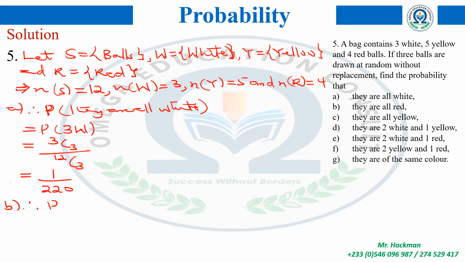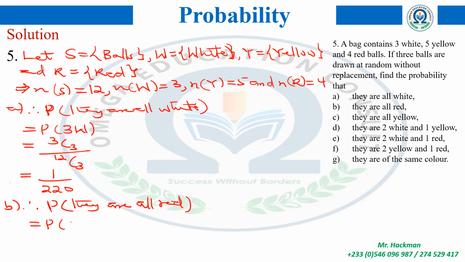Where I need to come in, the one that I know you can solve without my help. I will call you. Okay, Regina, let's go. We are doing B. Therefore, the probability that they are all red will be equal to P, open parenthesis 4R.